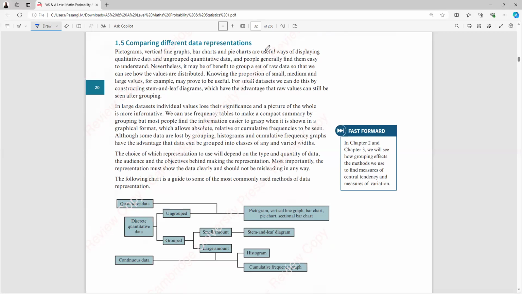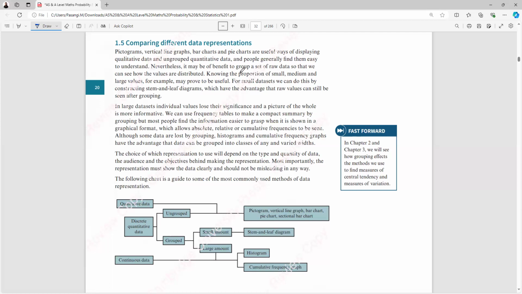are useful ways of displaying qualitative data and ungrouped quantitative data. People generally find them easy to understand as well, because at a glance we can conclude and have a proper idea of the entire graph. Nevertheless, it may be of benefit to group a set of raw data so that we can see how the values are distributed.